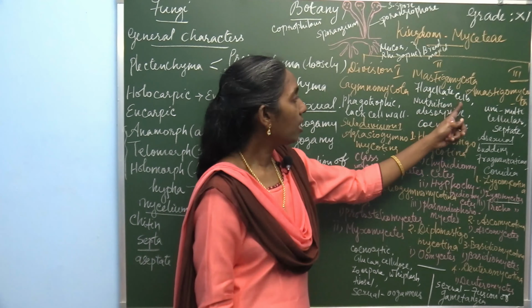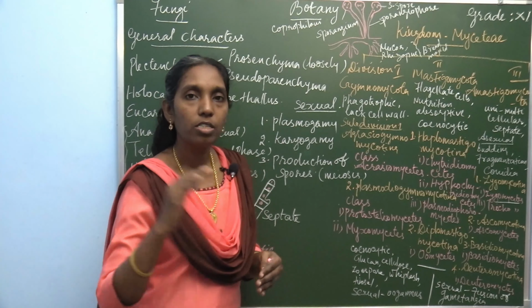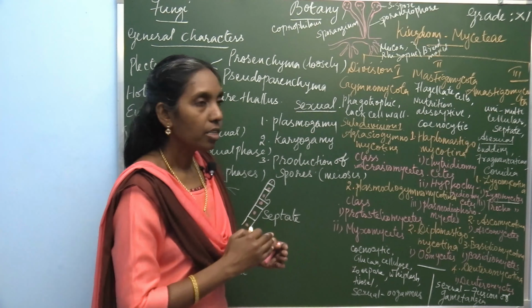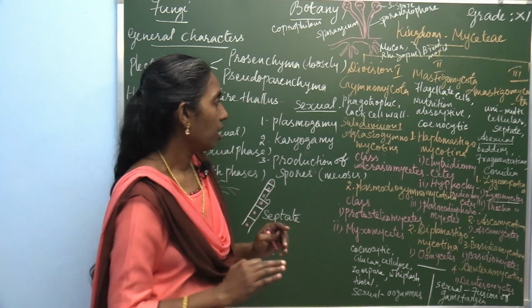Then Amastigomycota: the thallus ranges from unicellular to multicellular, and the body is divided by septa, so it has a septate hypha.